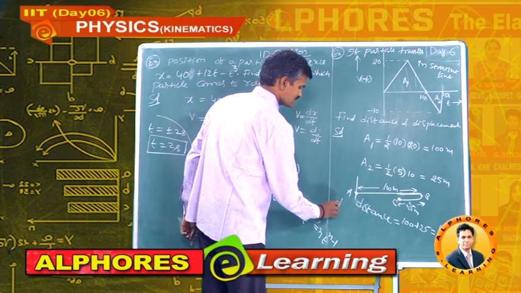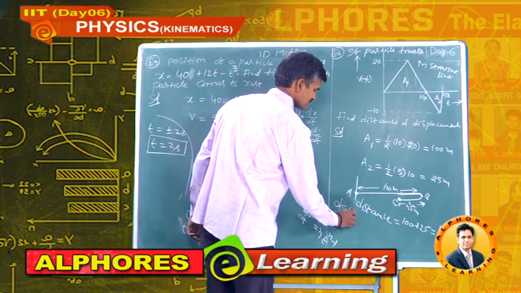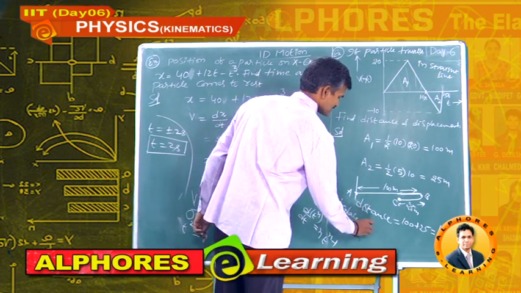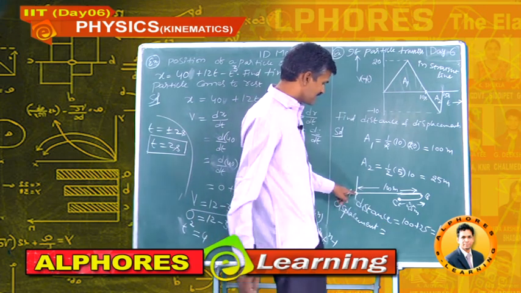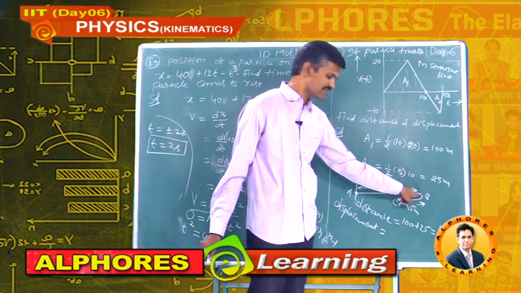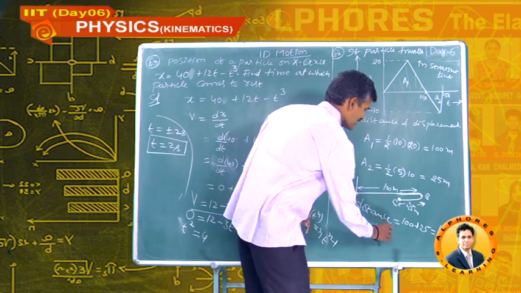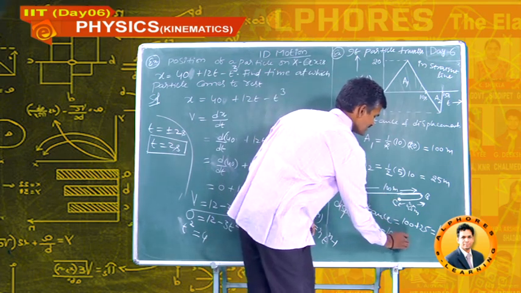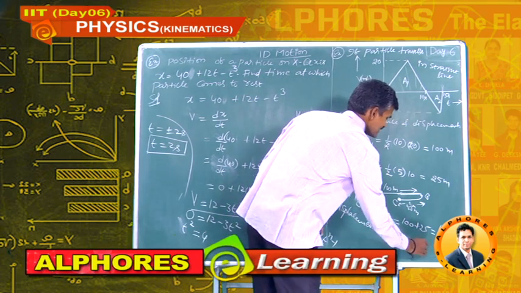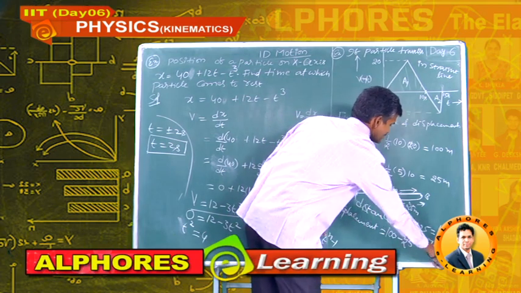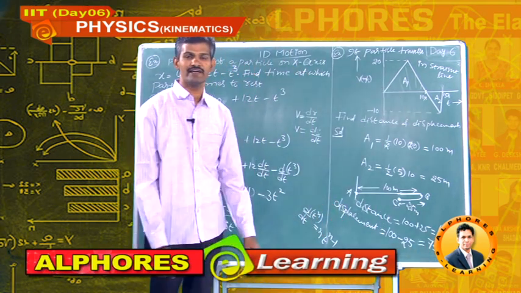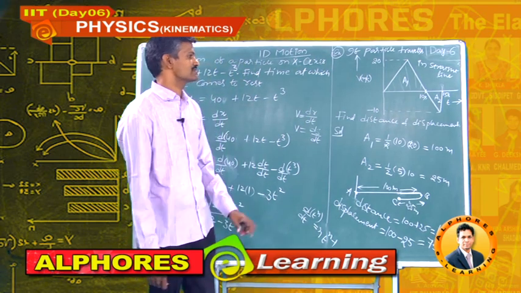And displacement, from here to here, the body travels 100 meters and returns back 25 meters. So displacement is 100 minus 25, that is 75 meters.